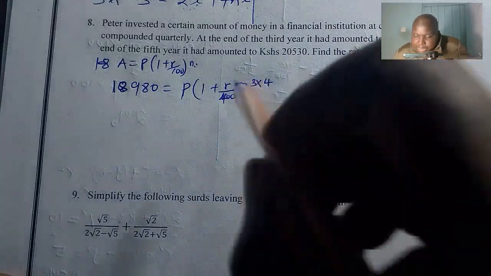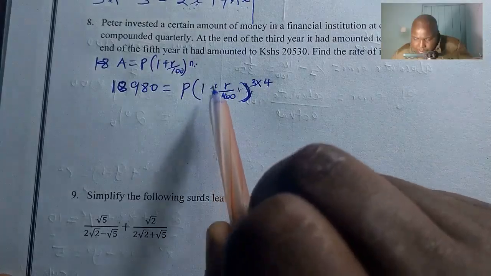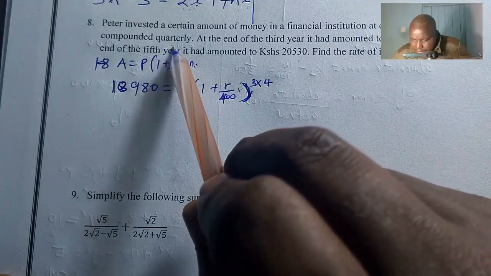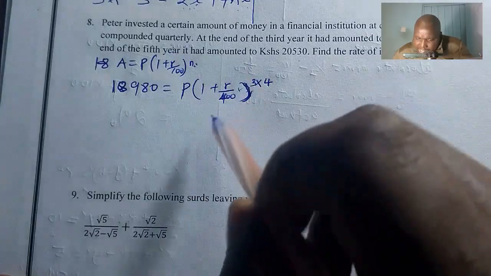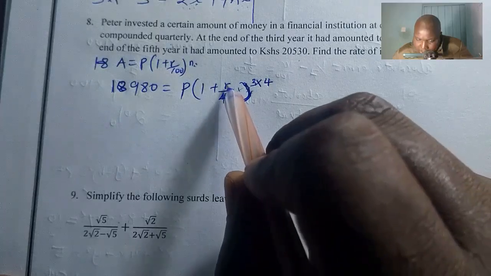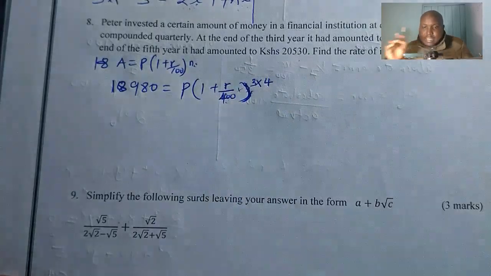I'm doing this because it is compounded quarterly. When it is compounded quarterly or half yearly, inside the rate it was supposed to be r over 100, isn't it?